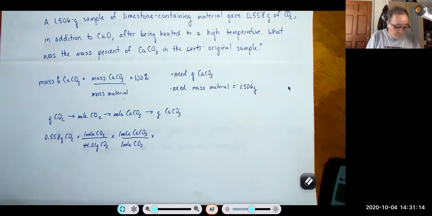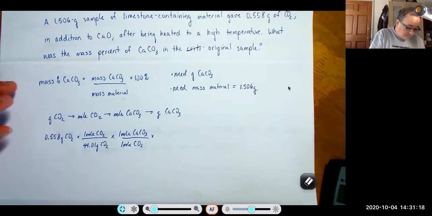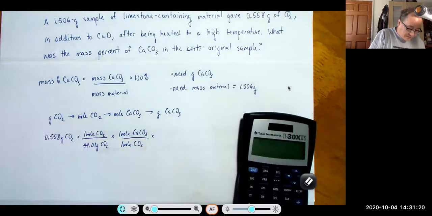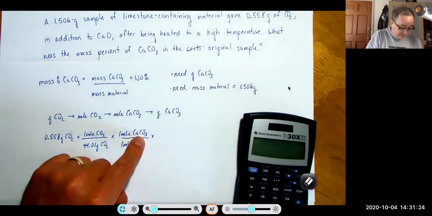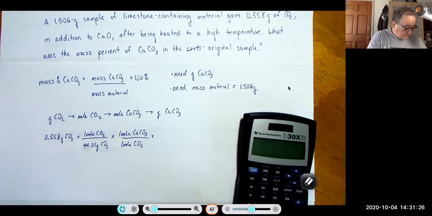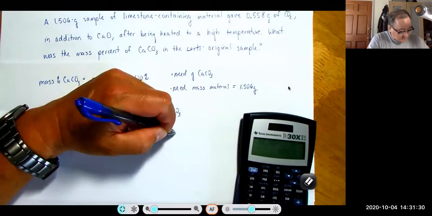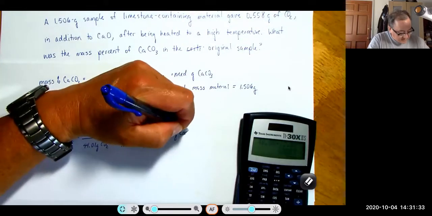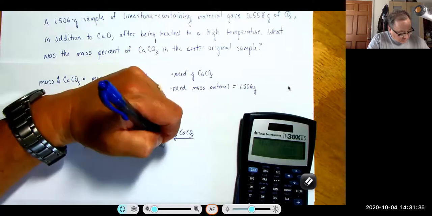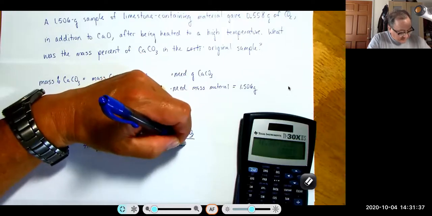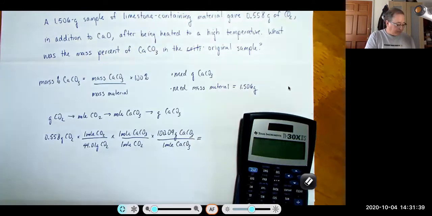Calcium is 40.08, carbon is 12.01, and 3 oxygens is 48. So we get 100.09 grams of calcium carbonate to 1 mole of calcium carbonate. And that'll give us the grams of calcium carbonate.